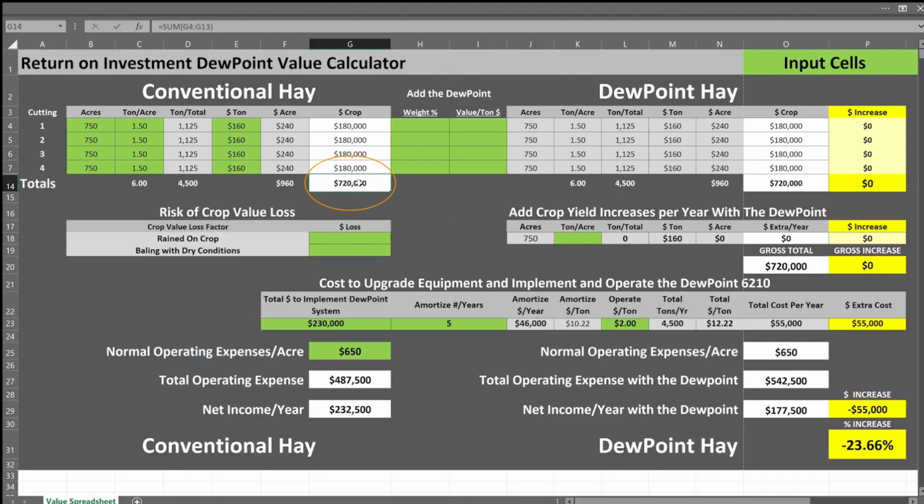And so we're going to take a closer look at each one of these factors, but before we do that, I want to draw your attention to the fact that based on conventional hay without a steamer, we're looking at a gross of about $720,000 of income. After expenses, a net income of about $232,500. Not a bad bottom line.